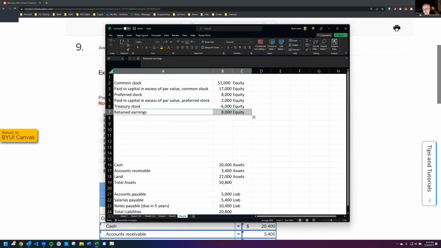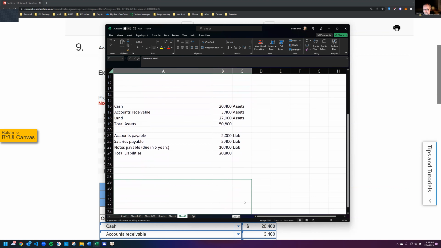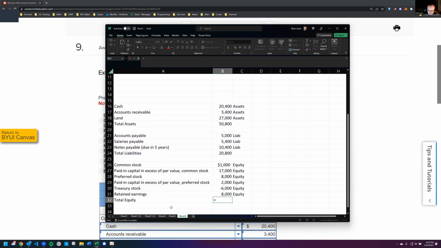Okay, so now let's move all this down to its proper location, right after liabilities. And so we have total equity equals sum.